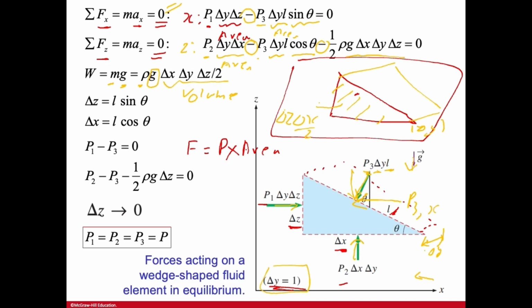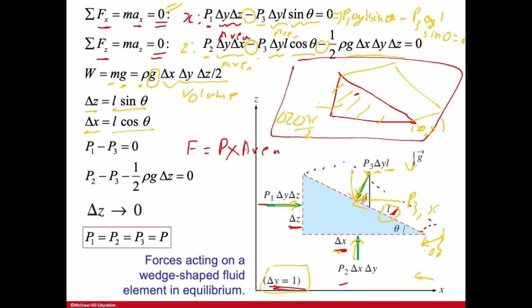Now if you realize that this delta z and delta x here can be written in terms of L, you see that delta z is nothing but L sine theta and delta x is nothing but L cos theta. So if you end up substituting here, essentially you end up getting P1 delta y L sine theta minus P3 delta y L sine theta is equal to 0, right?